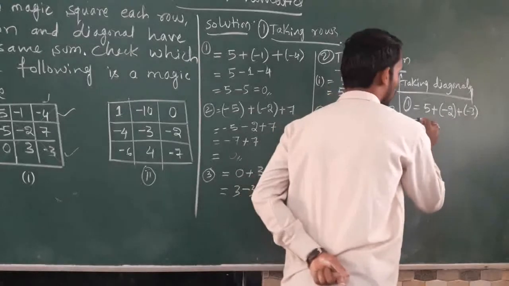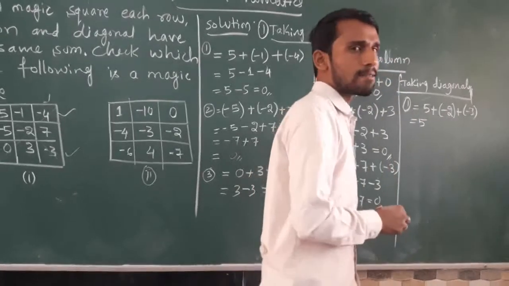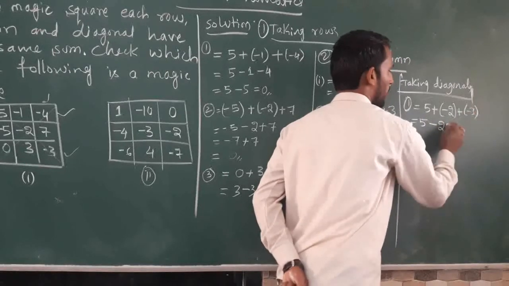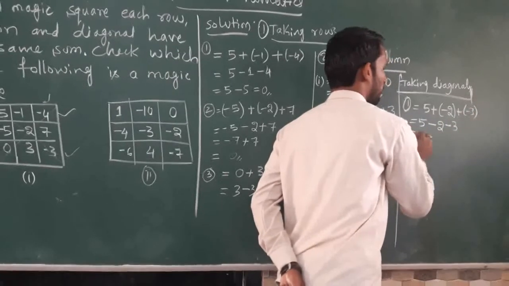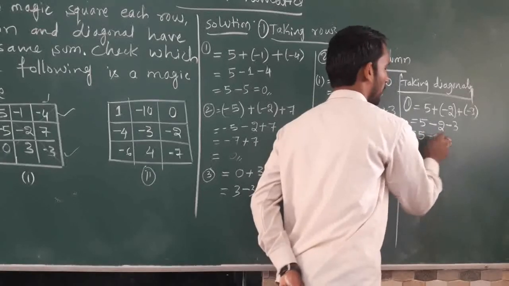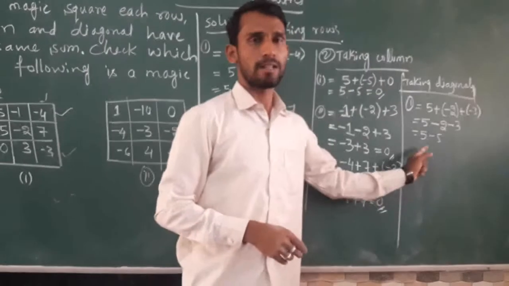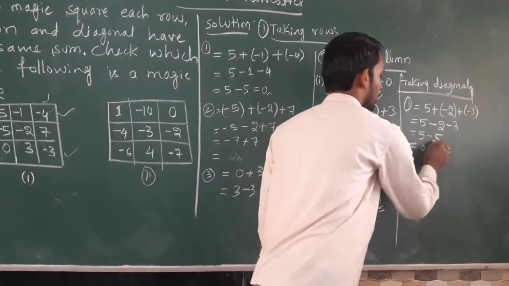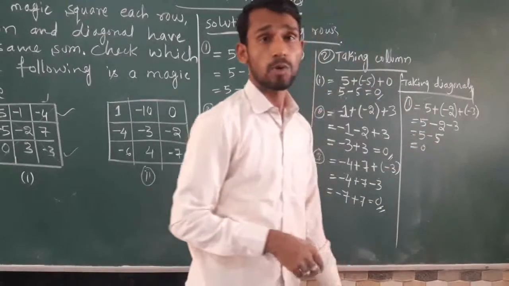When we add 5 plus into minus 2 plus into minus 3, adding the negative integers we get minus 5. When we do subtraction, again we get 0. This diagonal is also 0.